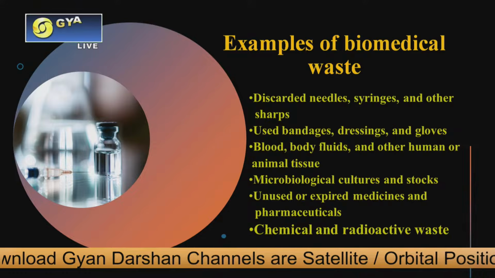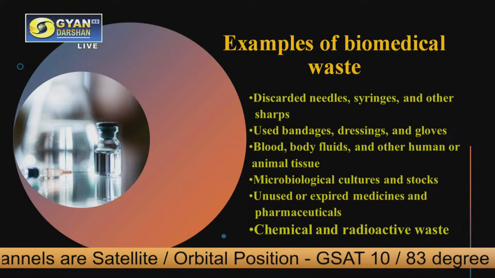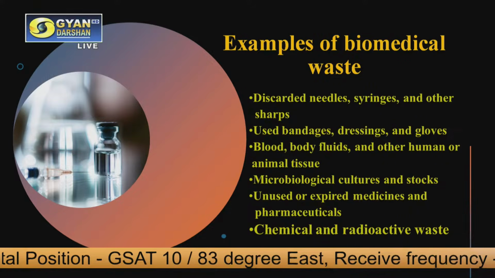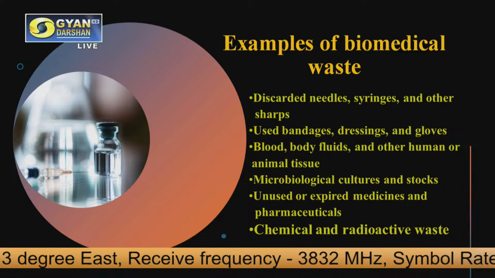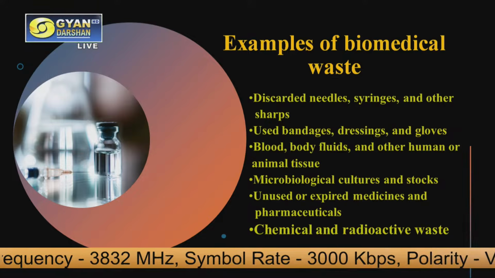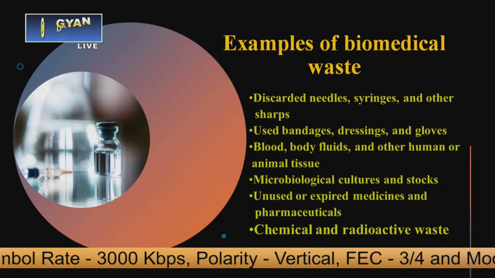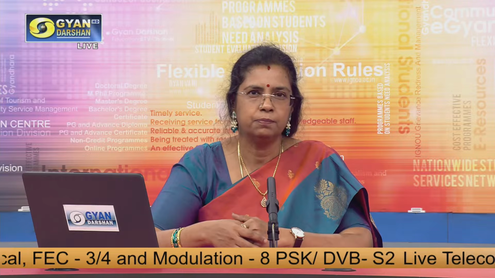They can contain the microbiological cultures and the strain or the stock material, and also those slants that are used in order to culture the microorganisms again. Then the biomedical waste can also contain unused or expired medicines and pharmaceuticals, and they can also contain certain chemicals and the radioactive waste.